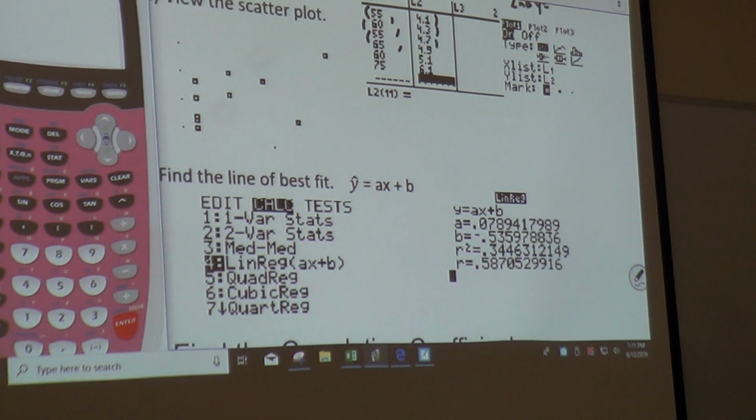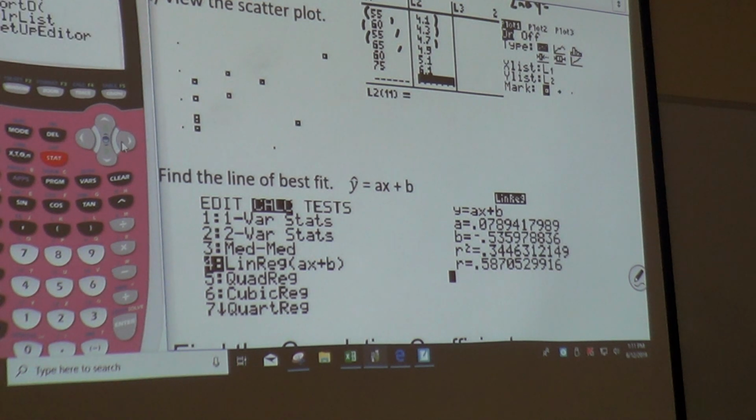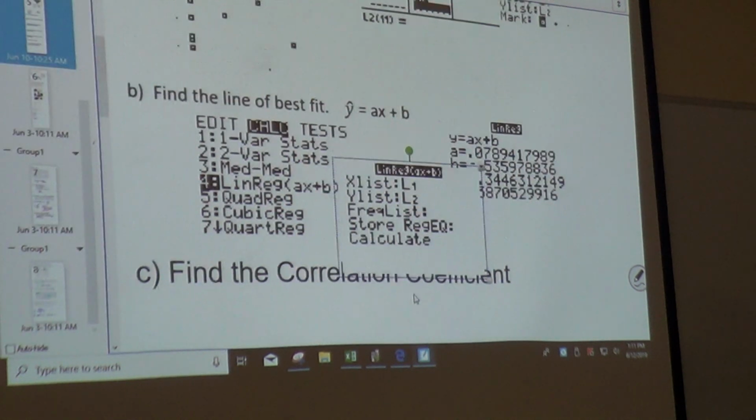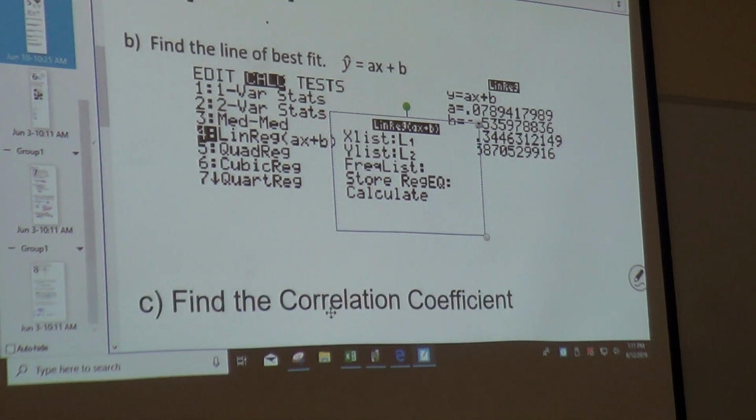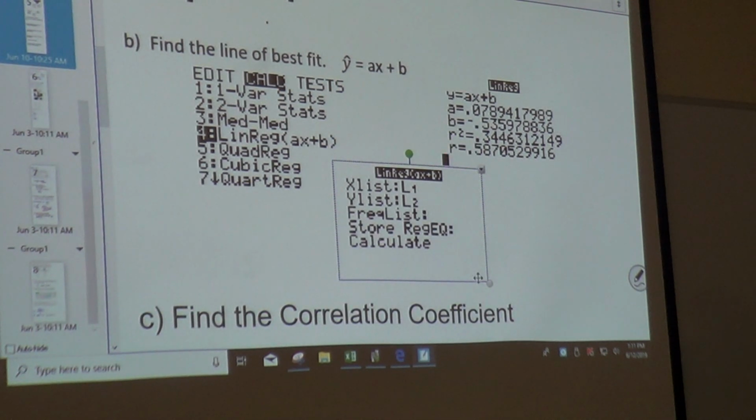Second 0, and then hit the button with a D on top of it, which is X to the -1. It scrolls down to the Ds. Diagnostic on, then hit enter twice. Now do stat, over to calc, and down to linear regression. So now it's going to do that forever. And now you're good.